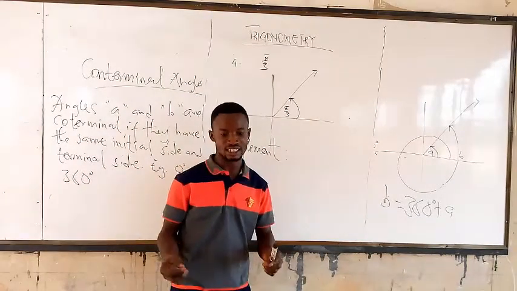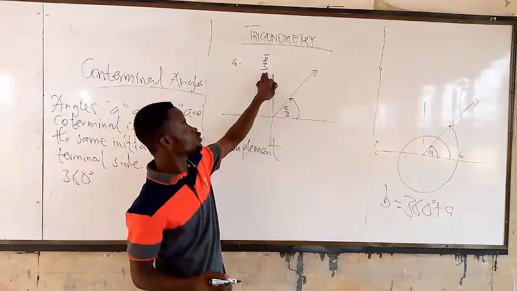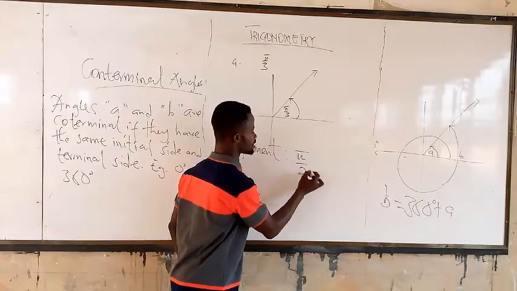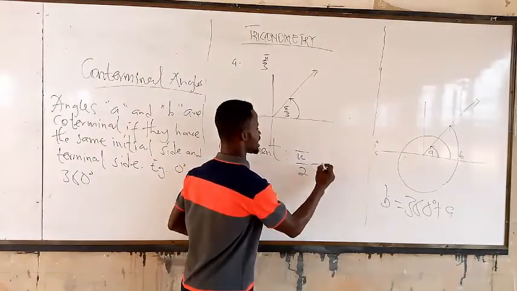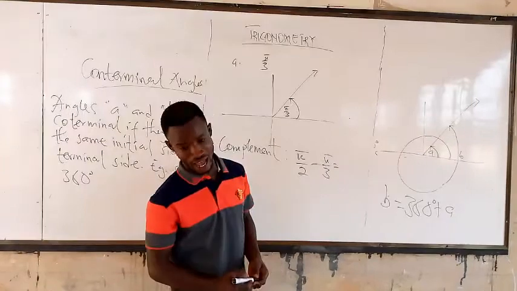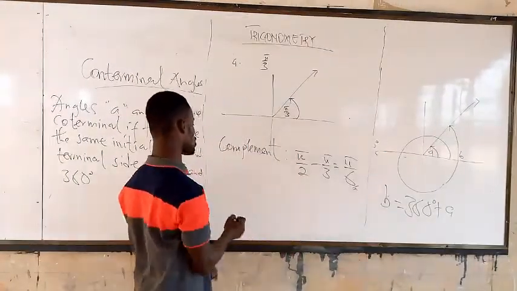To find the complement, since it was given in radians, it's going to be pi over 2, which is 90 degrees, minus pi over 3, and that is going to give us pi over 6. So that is for the complement.